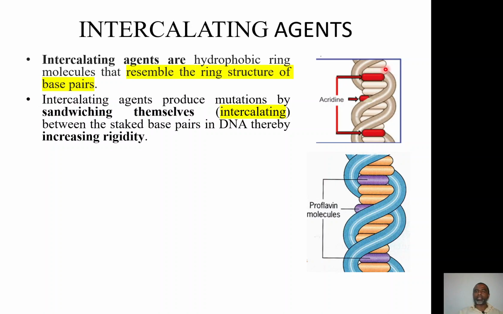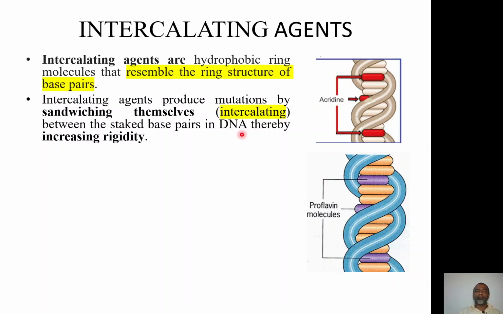Say for example, this was the normal base pair, but here you can say that this is a chemical which has inserted itself instead of a normal base pair. Otherwise it is not a normal base pair, it is a chemical.